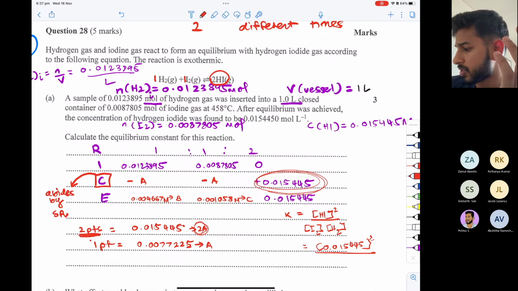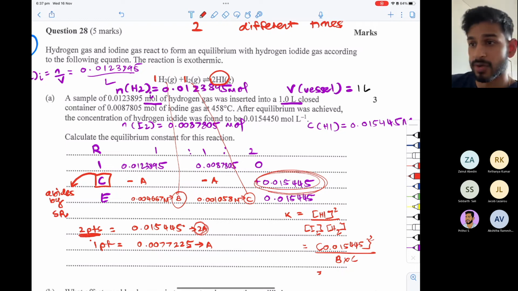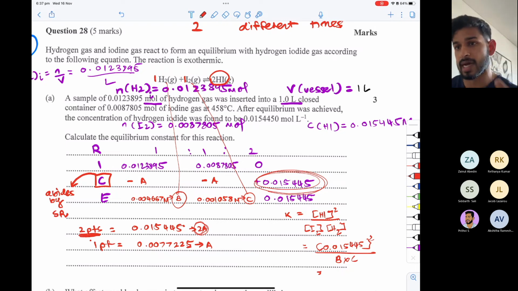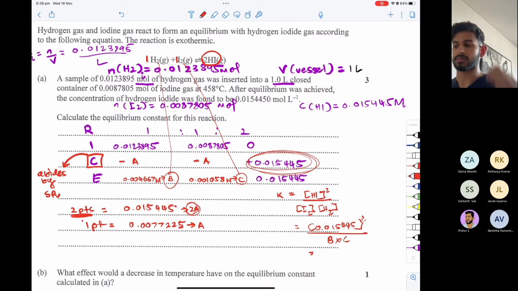For H2, you'll be subbing in B. So B here, that's H2. And for I2, you'll be subbing in C. B times C. I'll sub in the values directly, but make sure you're using the exact values. So what's our final answer of K? 48. 2 sig figs.